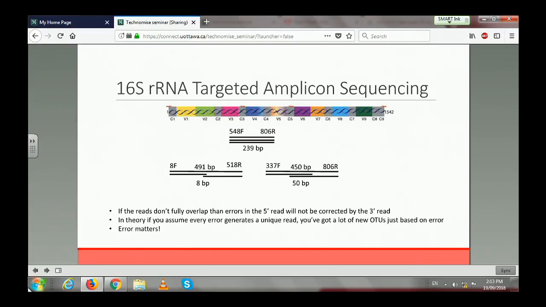This gives you a lot of high-resolution, high-quality data. If you don't have that high-resolution, high-quality data, you're going to have more error. And if error matters to you, this should matter.